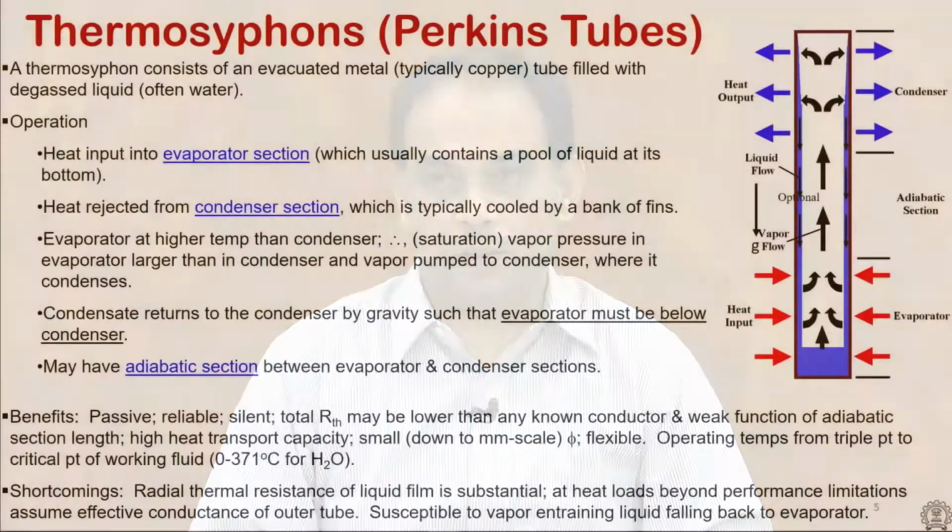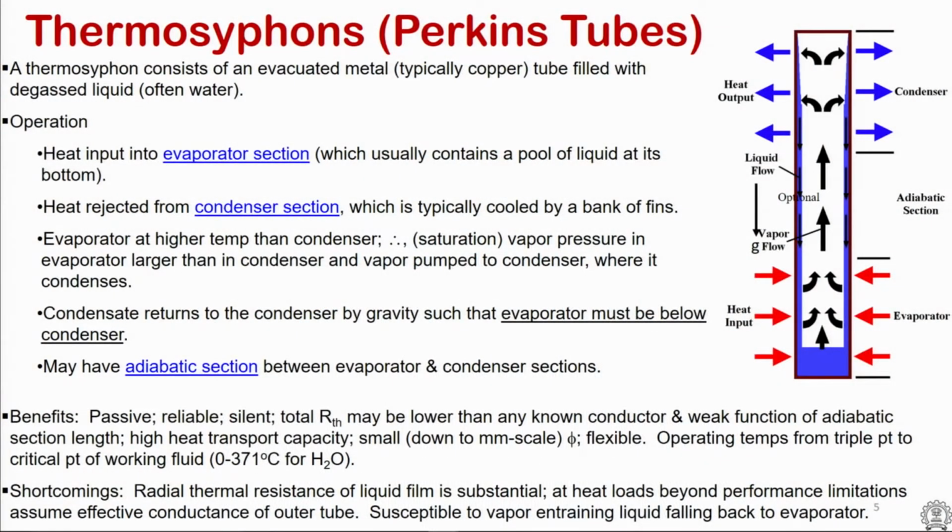current day heat pipe. And if you look at what are called thermosiphons or the Perkins tube, which is one of the very early devices that was designed, they used gravity as a way of bringing the liquid back. It is shown on the figure here that heat input is happening at the bottom of the tube, and the thermosiphon is an evacuated metal tube filled with a little bit of water or liquid, whatever it is.